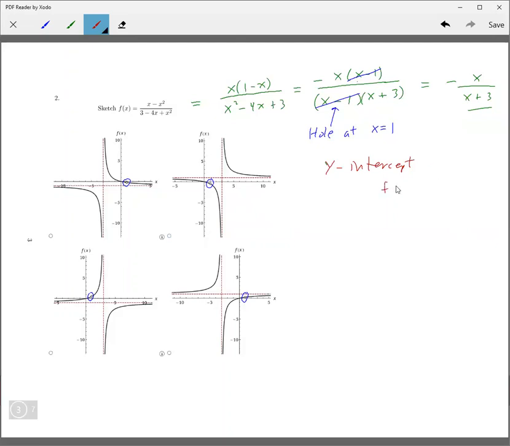And that would just be f of 0, which is going to be putting a 0 into here. And that's going to be 0. So it's going to go through the origin. Okay, so I just look through all of them that go through the origin. Okay, they all do, it looks like. Okay, so that didn't eliminate anything. Next thing, let's look at asymptotes. Okay, let's look at vertical asymptote.